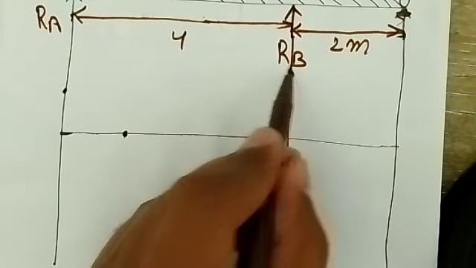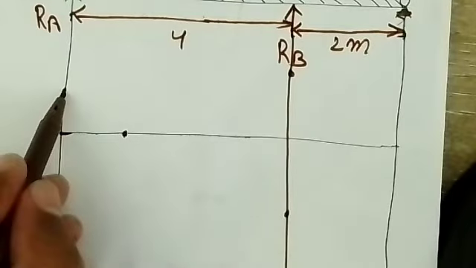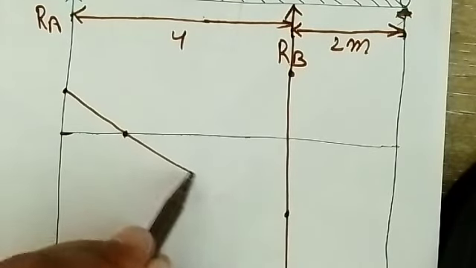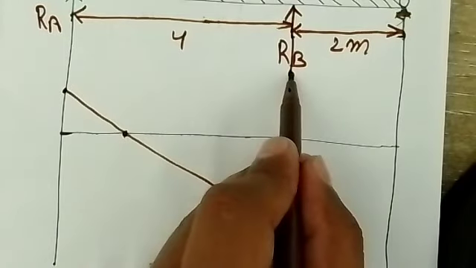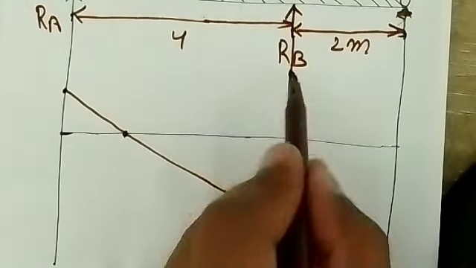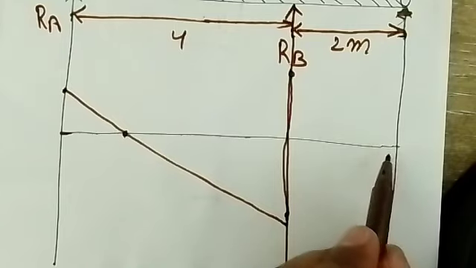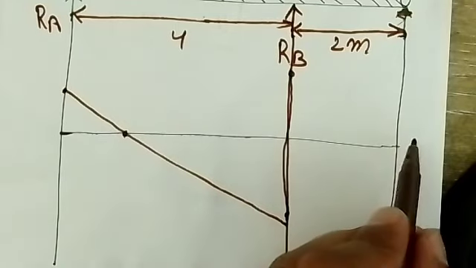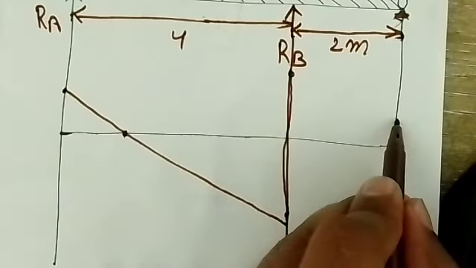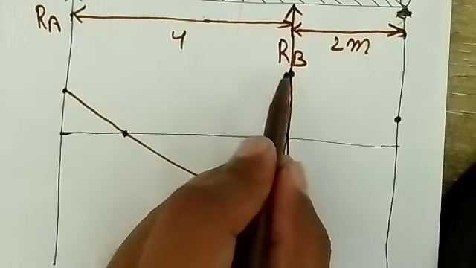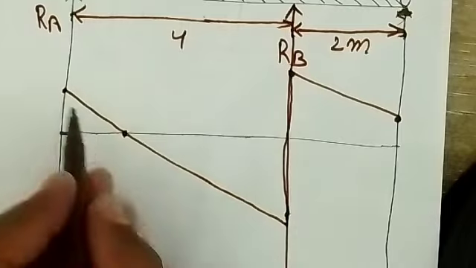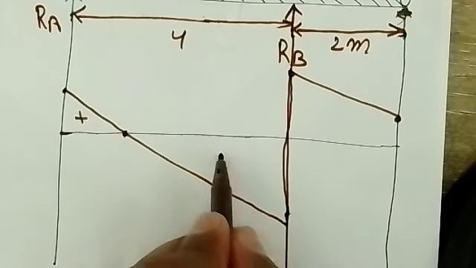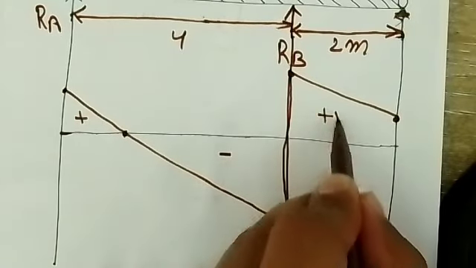So let's say this is one point, right? So how will it be? It will be like this, is it or not? It is going from negative to positive, right? And then again at C, it becomes 2 kilonewton. So this is 2 kilonewton, right? Okay, so this is your positive, negative and positive, right?